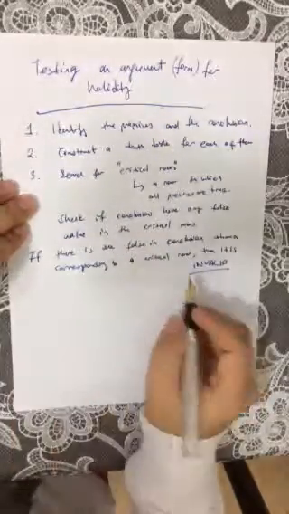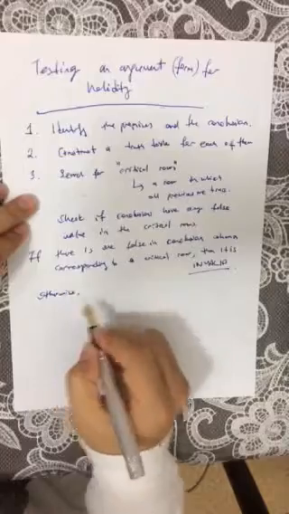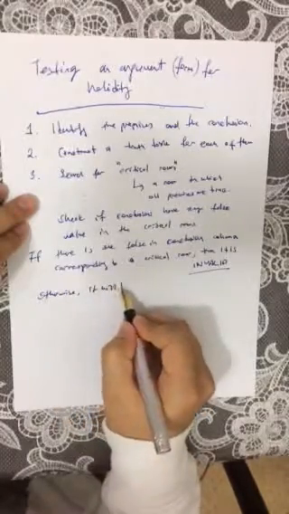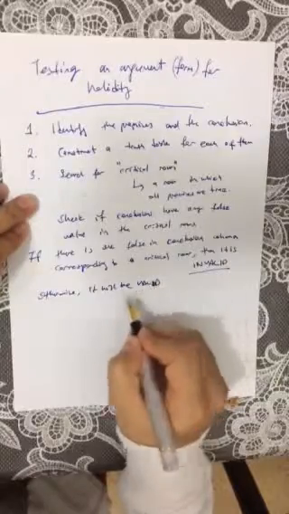So if there is some false, then it will be invalid. Otherwise, it will be valid.